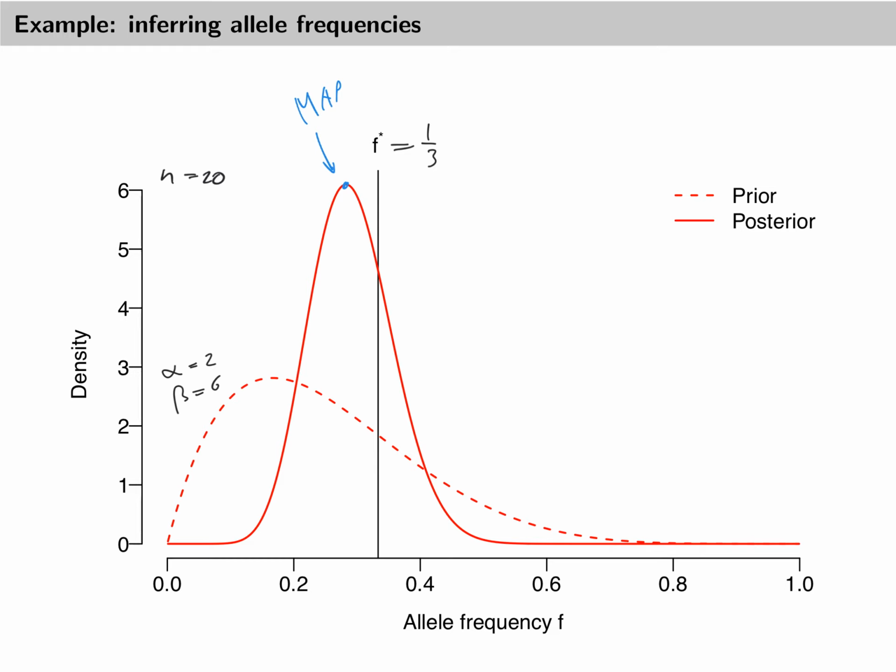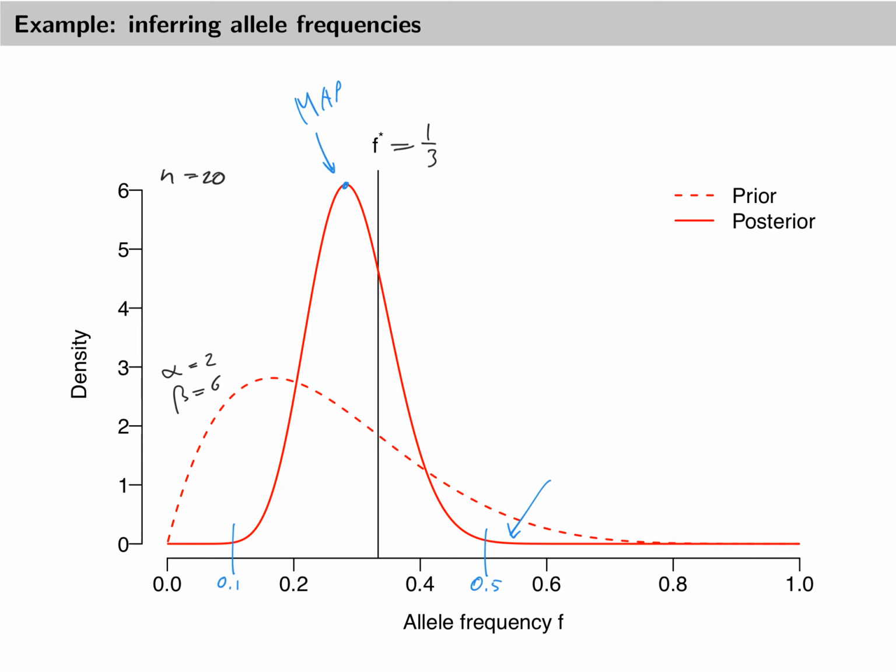The posterior distribution instead gives us a full characterization of the uncertainty that is associated with our estimate. For instance, the posterior distribution tells us that it is essentially impossible to have a value larger than 0.5. It also tells us that a value below 0.1 is actually largely impossible.